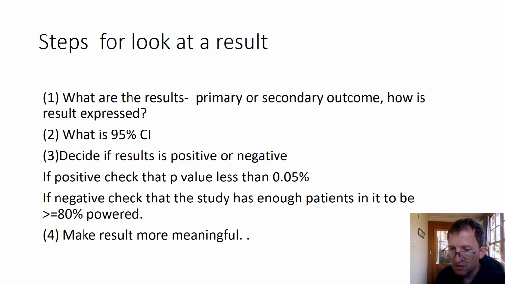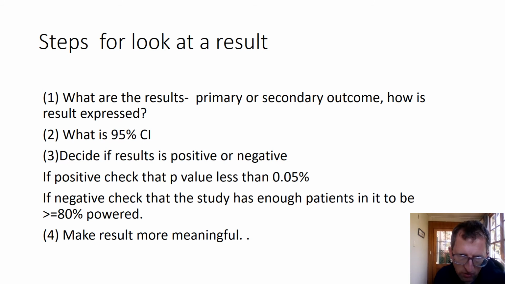Or was it expressed as a difference? So we went from 5 in 100 events to 10 in 100 events. So there was an absolute risk difference of 5 in 100 events, and the reason that's significant is because a positive result is when it's more than 0, as opposed to 1. So that's one of the main reasons that's relevant.